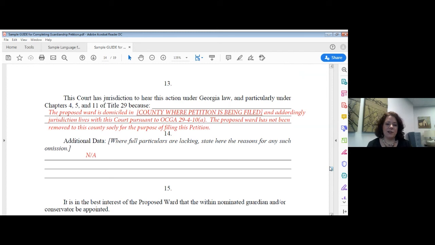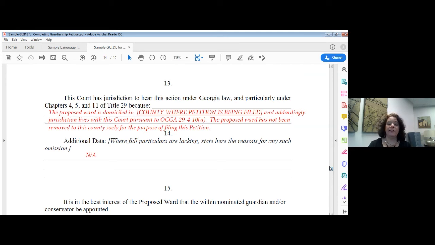So this is all just to make sure that you're filing in the right court. So just literally copy. The proposed ward is domiciled in DeKalb County, and accordingly jurisdiction lies, that's supposed to be lies, not lives, lies with this court pursuant to, and there's the code section, the proposed ward has not been removed to this county solely for the purpose of filing this petition.